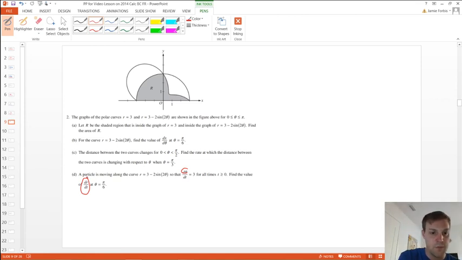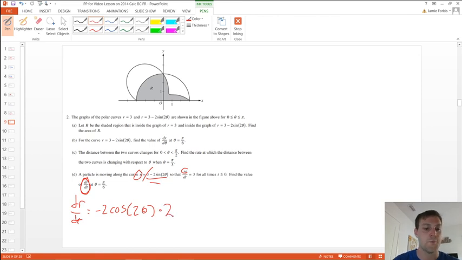Well, that's simple. We have r equals an equation. If I want to know what dr over dt is at a specific point, all you have to do is take the derivative. dr over dt is the derivative of r. So dr over dt equals the derivative of this equation: the derivative of 3 goes away, and the derivative of negative 2 sine 2 theta is negative 2 cosine of 2 theta times 2.